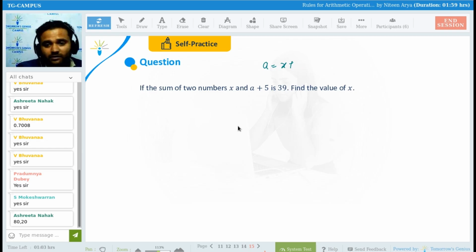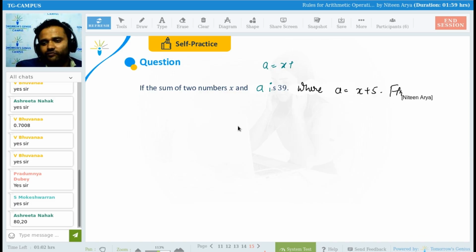Okay, I'm changing the question here. The sum of two numbers, x and a, is 39, where a equals x plus 5.